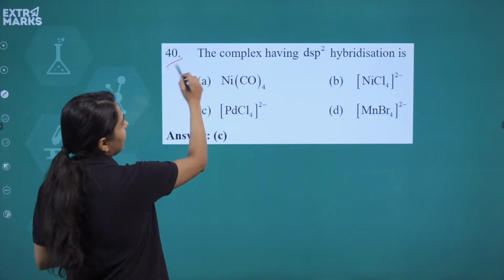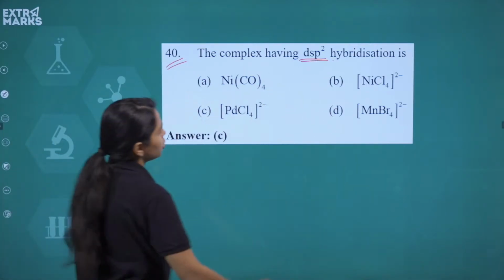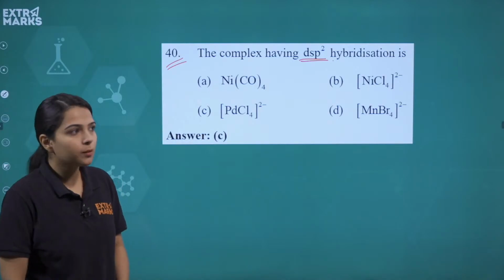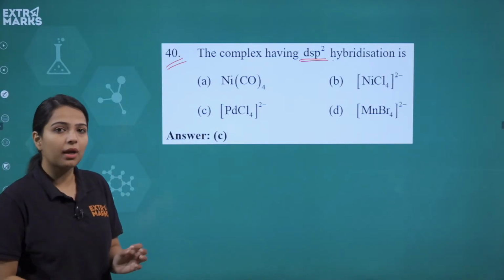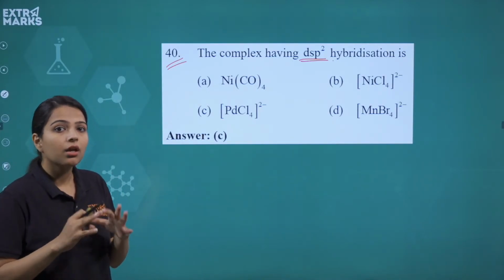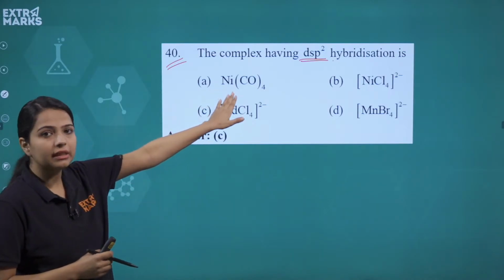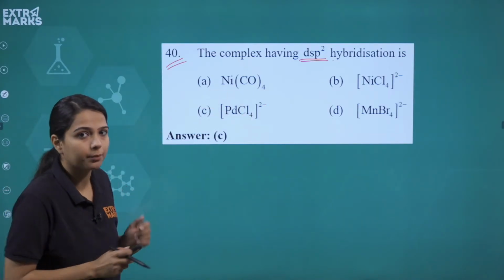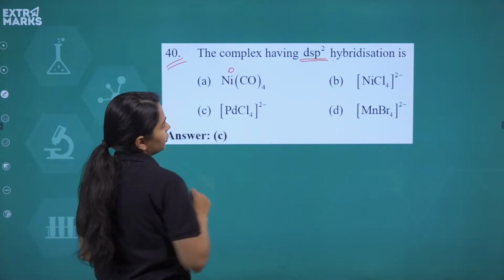Okay. Next question, number 40. The complex having dsp2 hybridization is what? Now dsp2 hybridization is asked, that means we need to have a strong field complex. If I talk about nickel tetracarbonyl, here nickel is in 0 oxidation state.